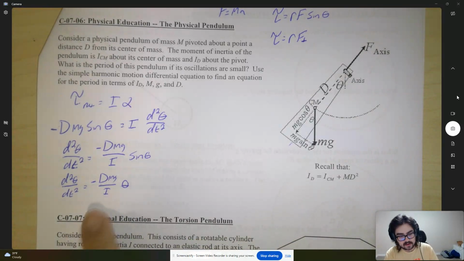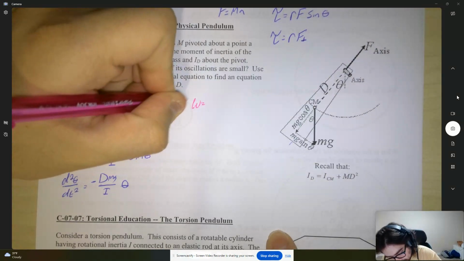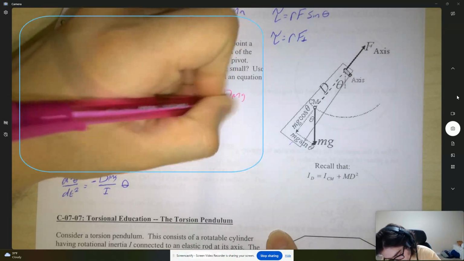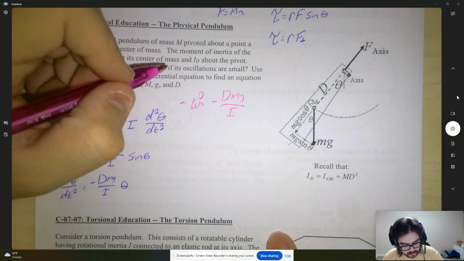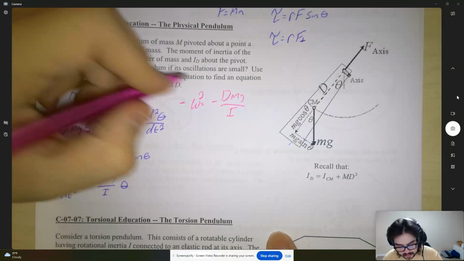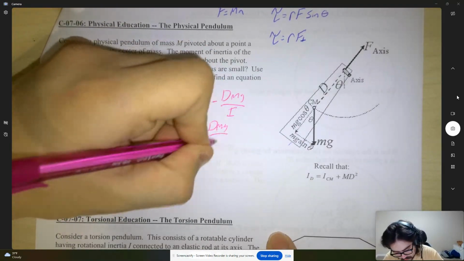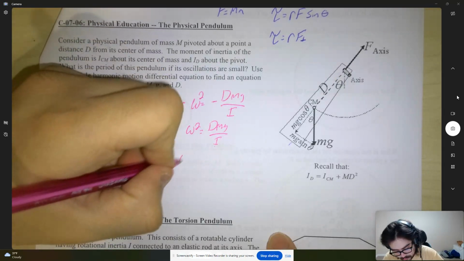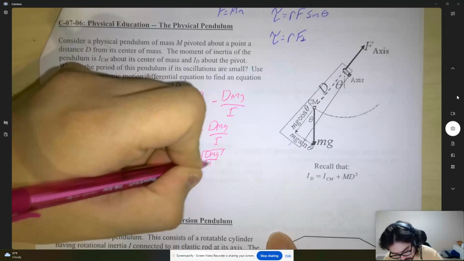Negative omega squared has to be negative dmg over I. If I drop the negatives, omega squared equals dmg over I, and if I root both sides, omega equals root dmg over I.